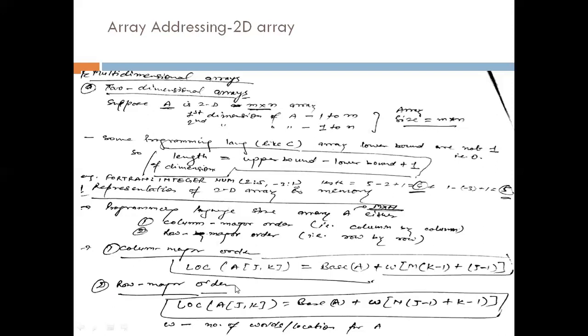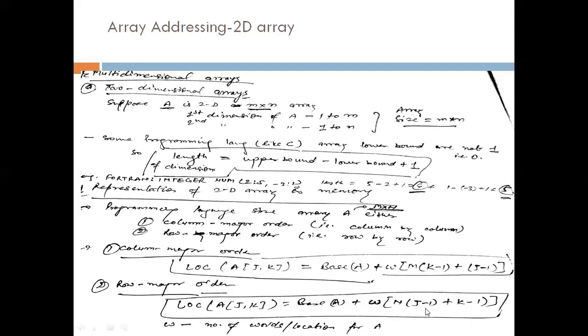Similarly, for the same element stored in row major order, the formula will be base address plus W. In row major order, the first row is stored first, then the second row, then the third row, then the fourth row, and so on. So it means j minus 1 rows are already stored.